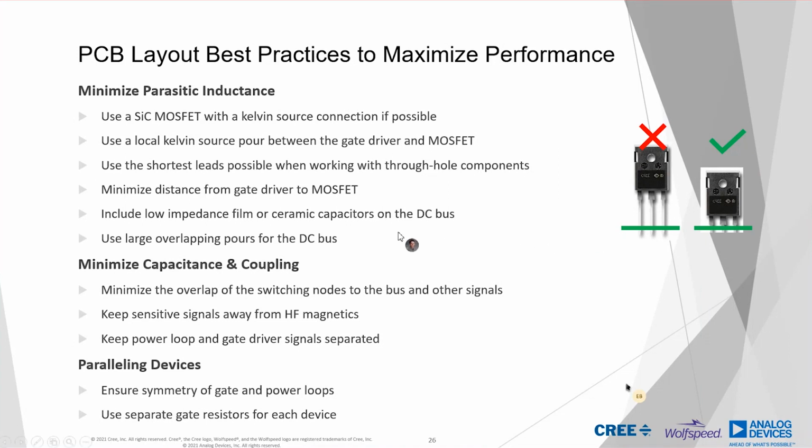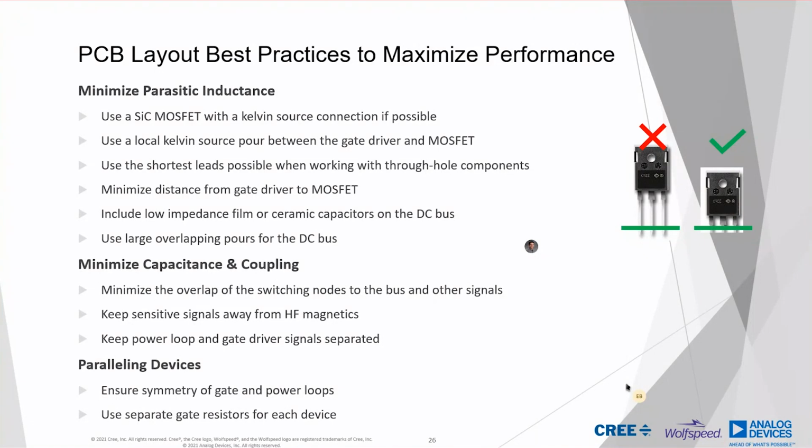Similarly, this was kind of focused on discrete devices, but similarly on a module, having a laminated bus structure will accomplish the same thing at that power level. Then in terms of capacitance and capacitive coupling, minimizing the overlap between switching nodes and any of the other signals or buses.